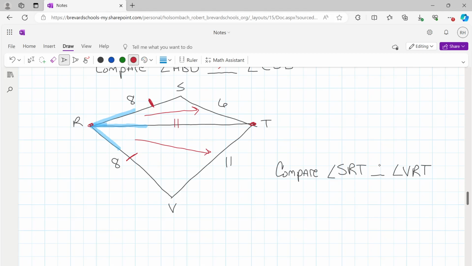Less than, very good. All right, so any questions on comparing angle measures in two triangles or comparing side lengths in two triangles using the hinge theorem?